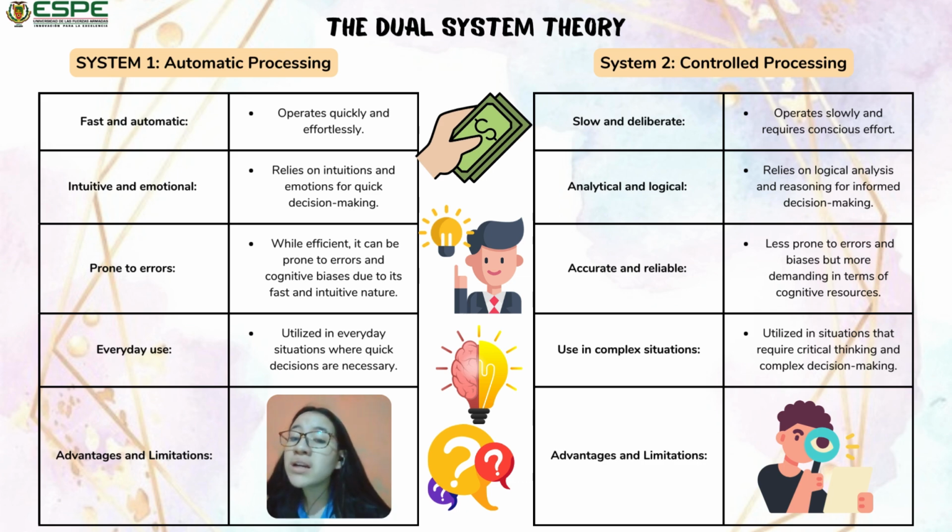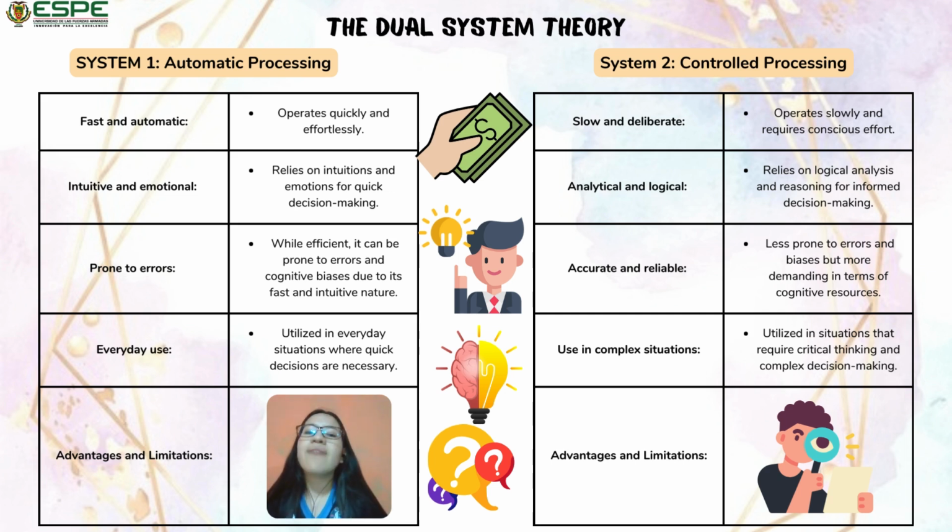System 1 might lead to an impulsive buy, while System 2 helps us think about whether we really need it or not. In learning too, System 1 helps us read quickly once we learn how, but System 2 helps us understand and analyze the new information.